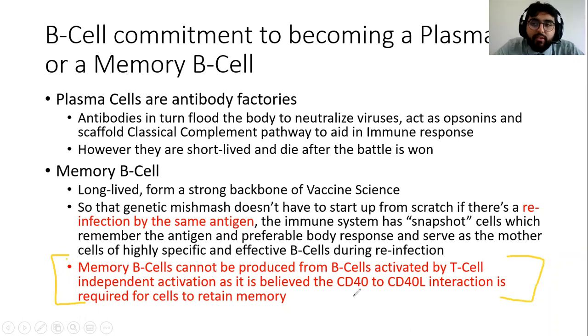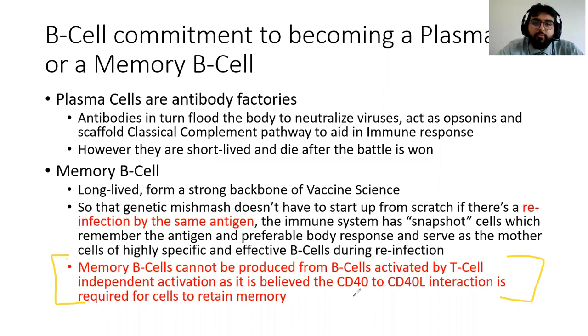And this is believed to be because the CD40 on the B cell to the CD40L on the T cell interaction is believed to confer the biomolecular requirement needed to give that B cell the ability to become part of the memory lineage, right?